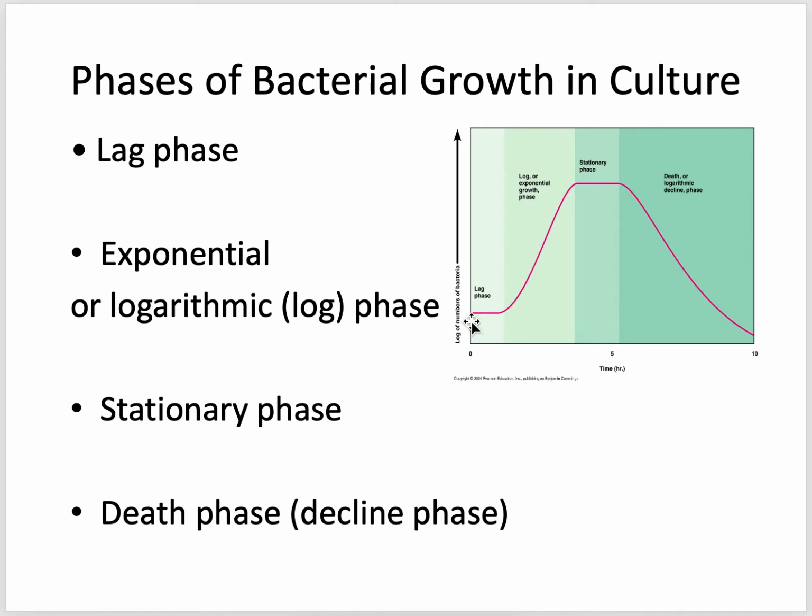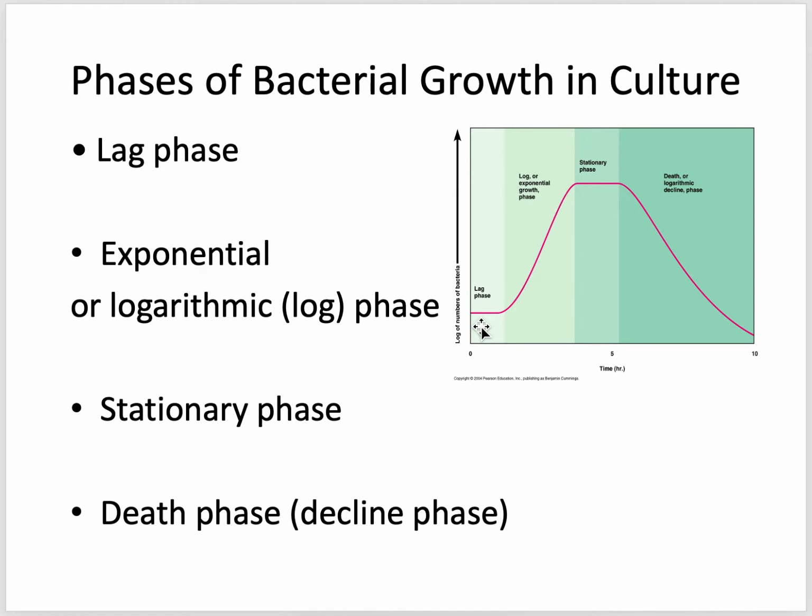So the number of cells will remain constant. The graph will look like this: time will go, but the number of bacteria will not increase. This is called the lag phase. During the lag phase, the number of cells will remain constant.